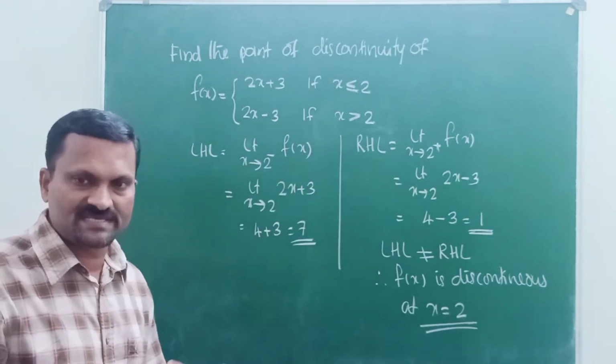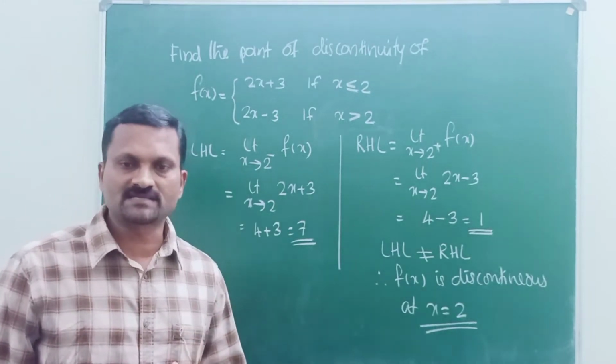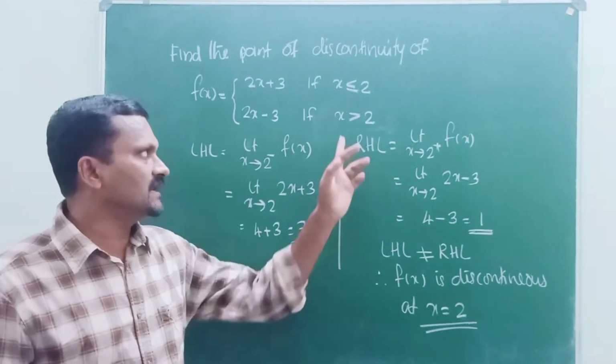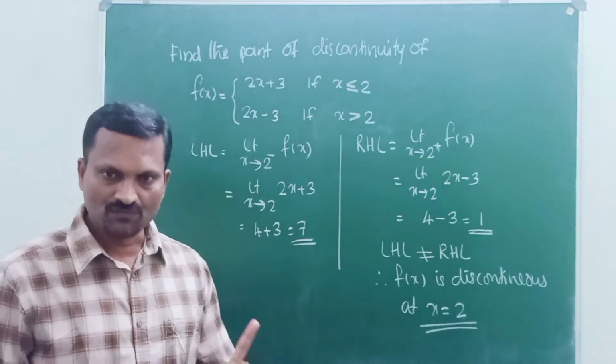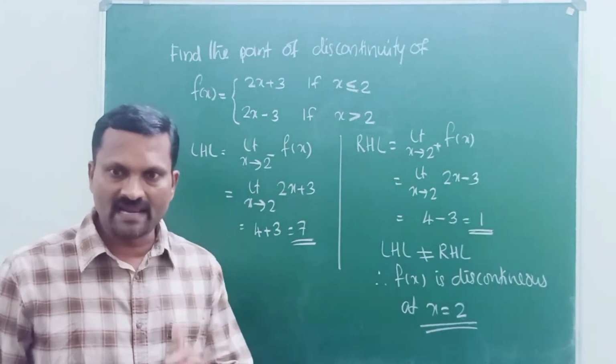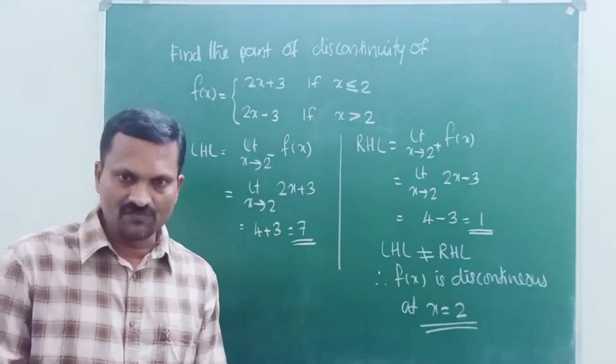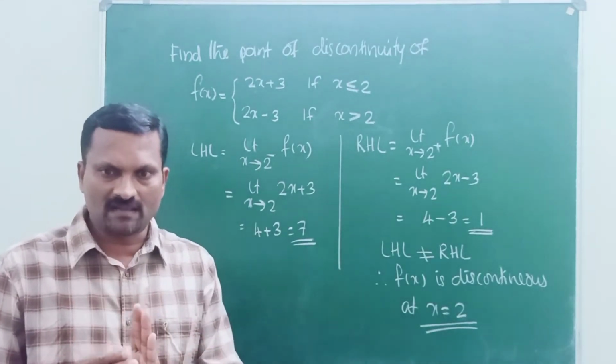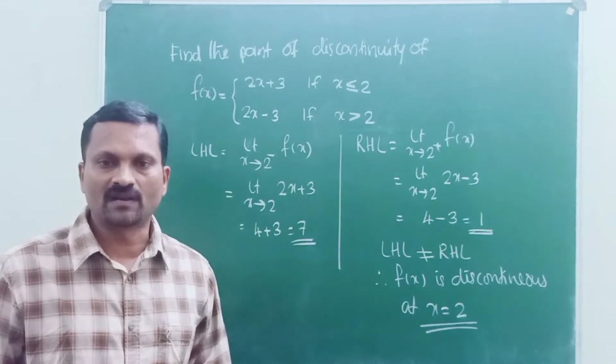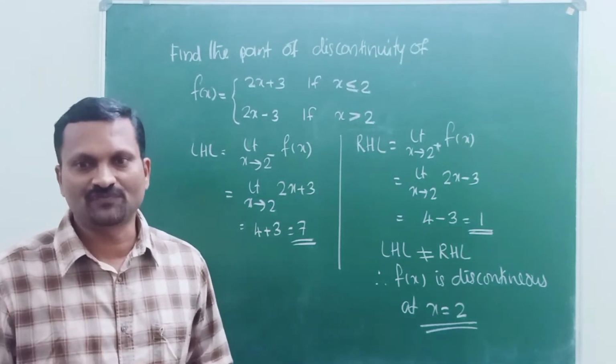So we have to check whether the function is continuous or not at x equal to 2. For this, we find LHL and RHL at x equal to 2. If both left and right limits are equal, then we find f of 2.